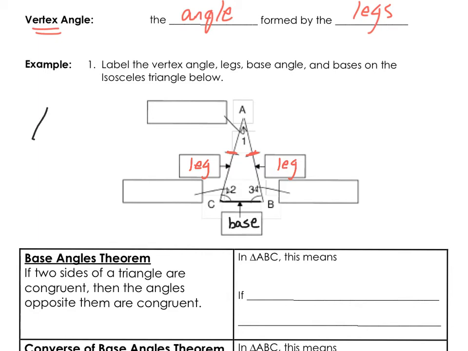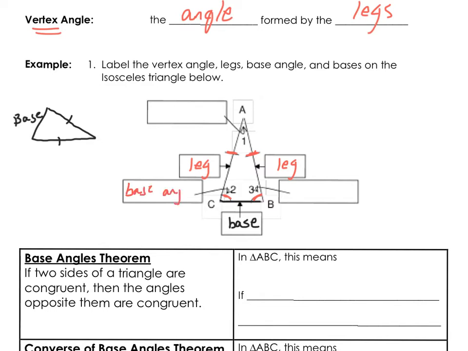Okay, maybe your isosceles triangle is going to look something like this, where it's on its side. In that case, the base would be off to the left. Okay, the other pieces I need to label are the angles. So we have angle 2 and angle 3, which are adjacent to my base, which means those two angles are my base angles.